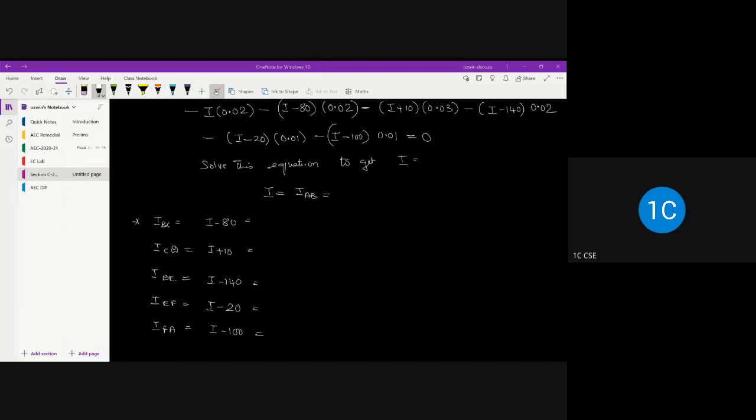Those who have got different answers, please check your addition. 48.18 ampere is the answer. Please check.